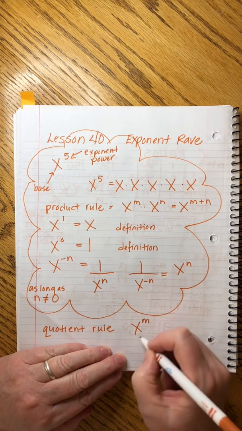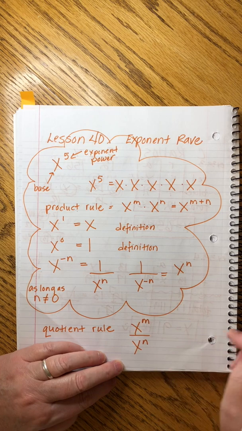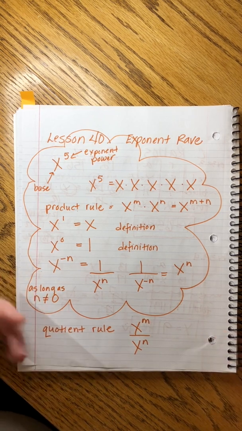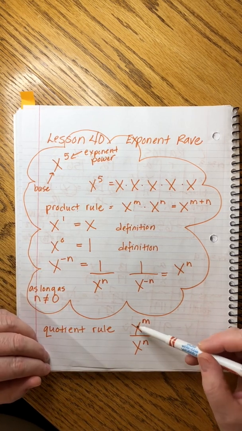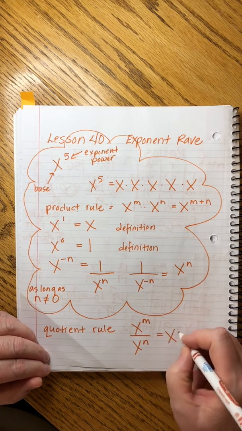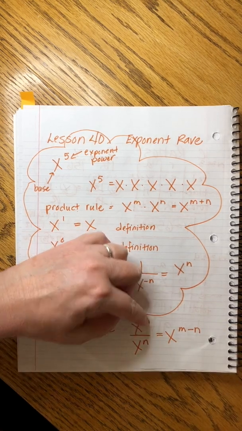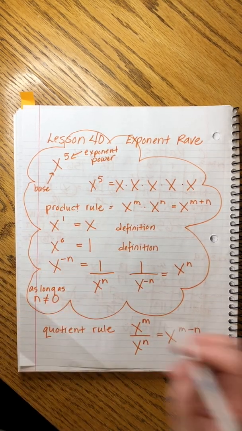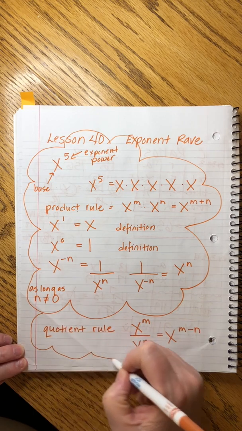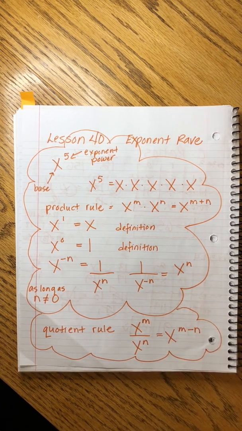And so this is the case when we are dividing, or we have a fraction, which is a form of dividing, where we have the base upstairs and downstairs, and the way we can combine that is to subtract the top number minus the bottom number. So this is our new tidbit, our new piece of exponential knowledge that we're going to tack in and practice in these 8 problems. All right, let's go.